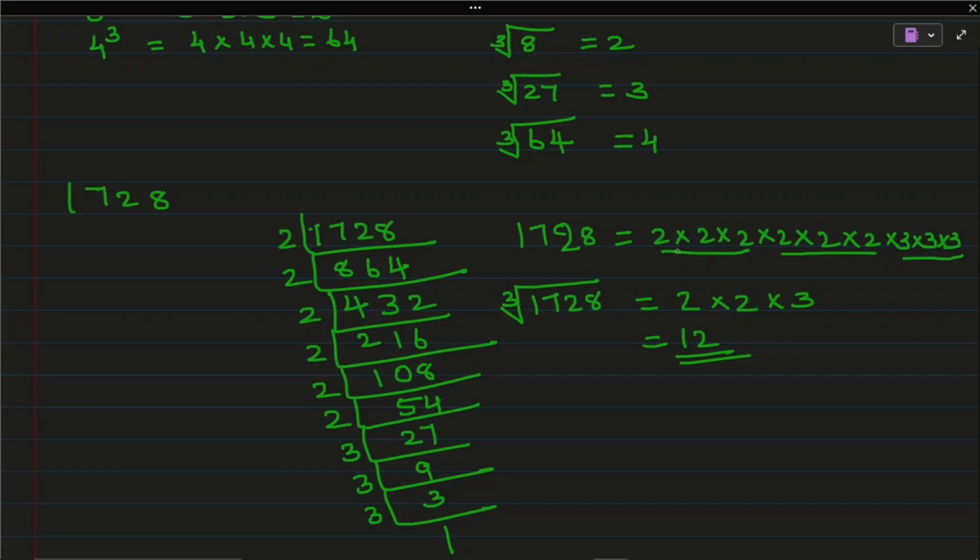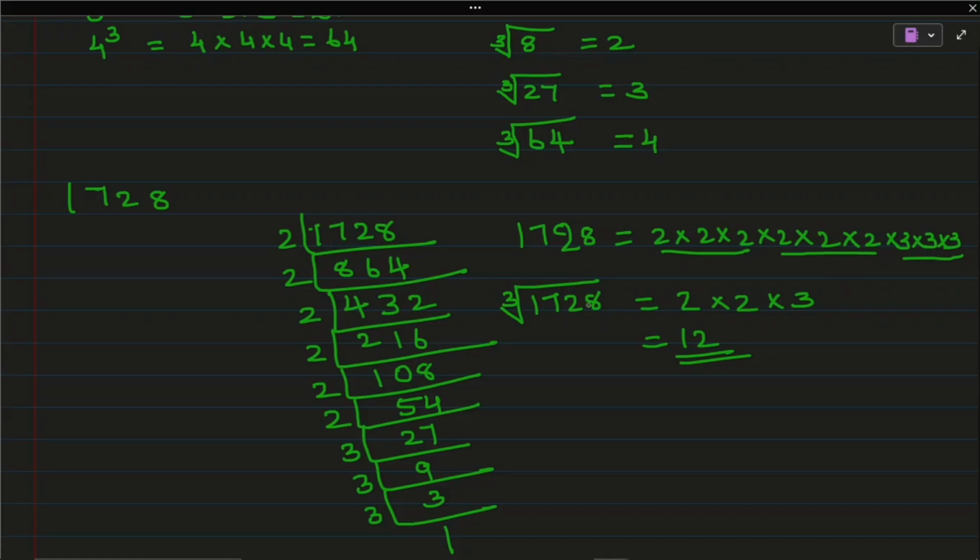And in case of cube root, make groups of 3. Otherwise in square root we make groups of 2, and here for cube root we have to make groups of 3 same numbers. First group has 3 same numbers, second group also 3 same numbers, third group also 3 same numbers. In each group 3 numbers are compulsory and those 3 numbers should be the same also.